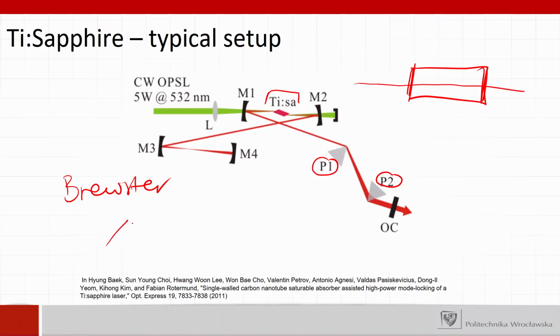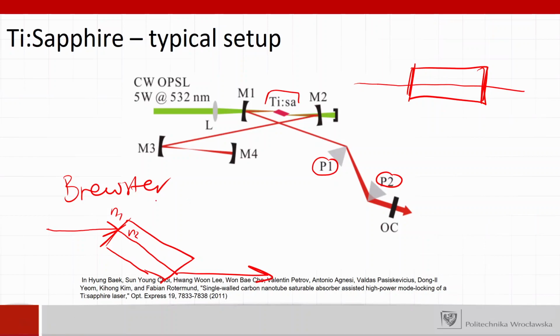So the crystal is usually cut at this Brewster angle, placed at this Brewster angle. So the light incoming to the crystal goes here, and then because of refraction, because of the difference of the refractive indices, is guided this way and then exits this way.